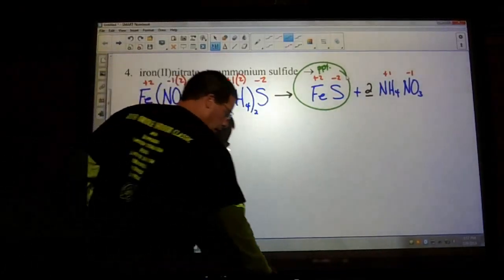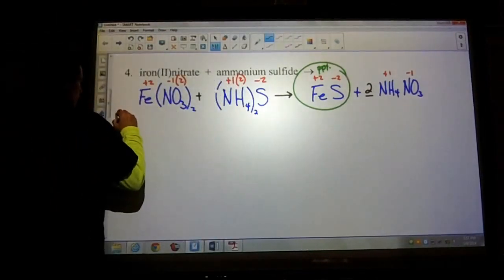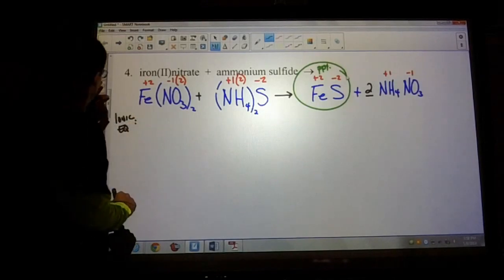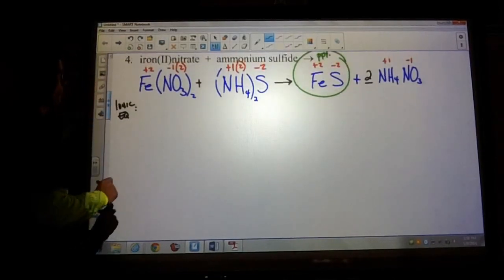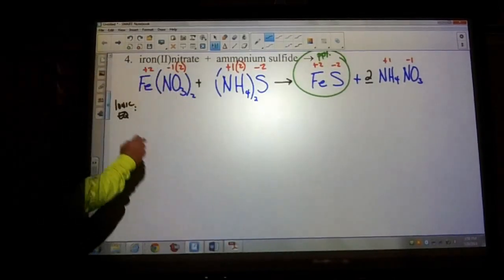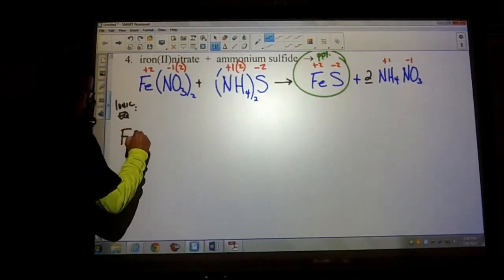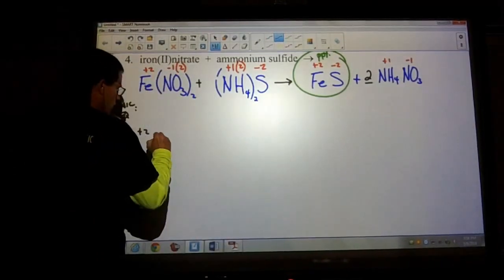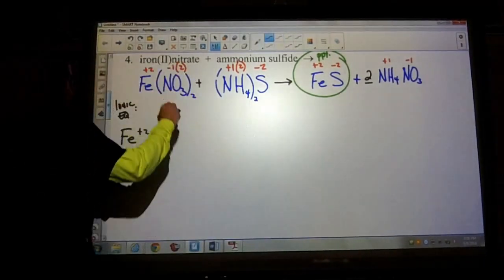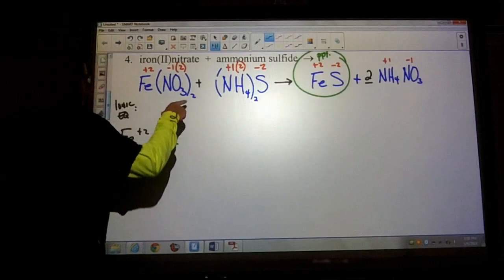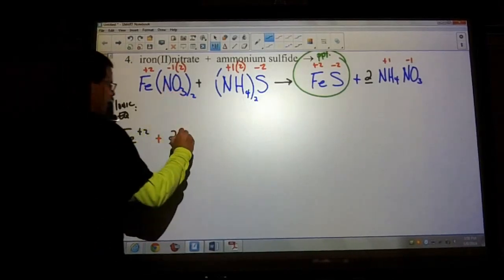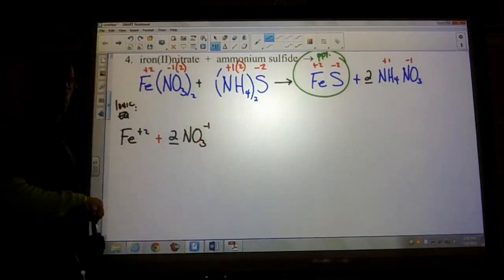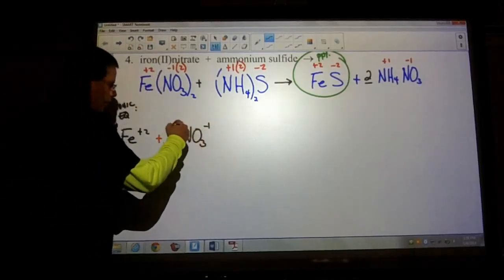Now we write the ionic equation. Okay. All right. So now I'm going to use a little bit more room over here. So I'm going to take my iron plus 2, because I only have one iron, and I'm going to add that to my 2 nitrates. Again, the parentheses tells me that I have 2 nitrates, so 2 NO3s with a -1 charge. Notice that we don't write parentheses as ions.